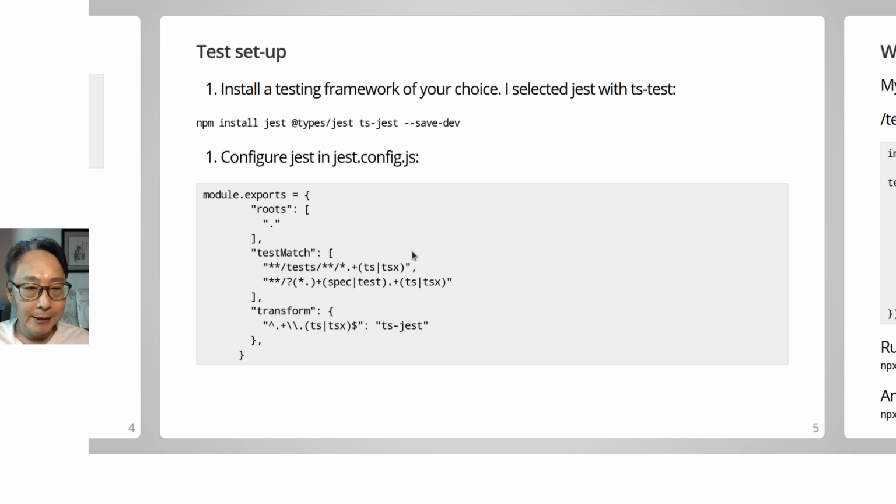In this case, I'm telling Jest that my tests are in subdirectories or directories named tests, and they have an extension of TS or TSX. TSX is used for React JSX type extensions, but in this talk I will only use TS.